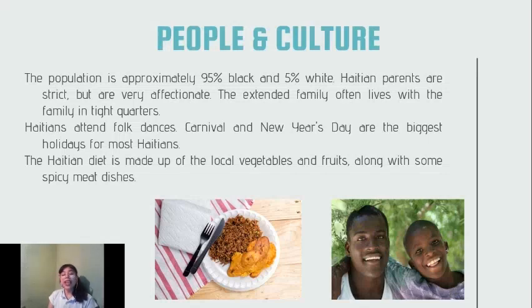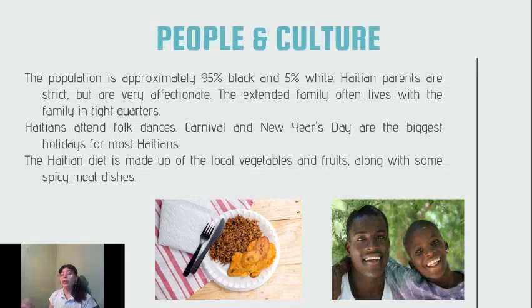Carnival and New Year's Day are the biggest holidays for most Asians. The Asian diet is made of local vegetables and fruits along with some spicy meat dishes. So as you can see, Haiti is populated by mostly black people, and the 5% that remains is white people. We're going to have an explanation of this in a moment.